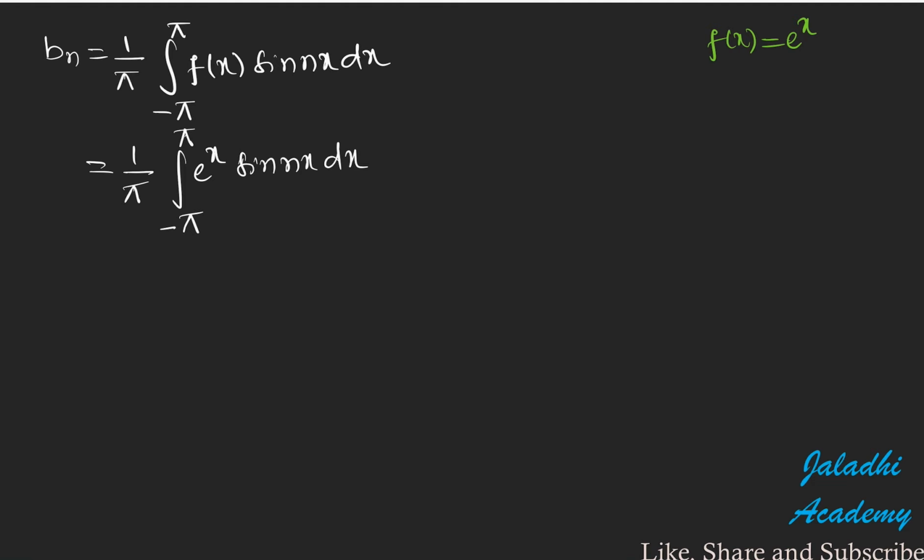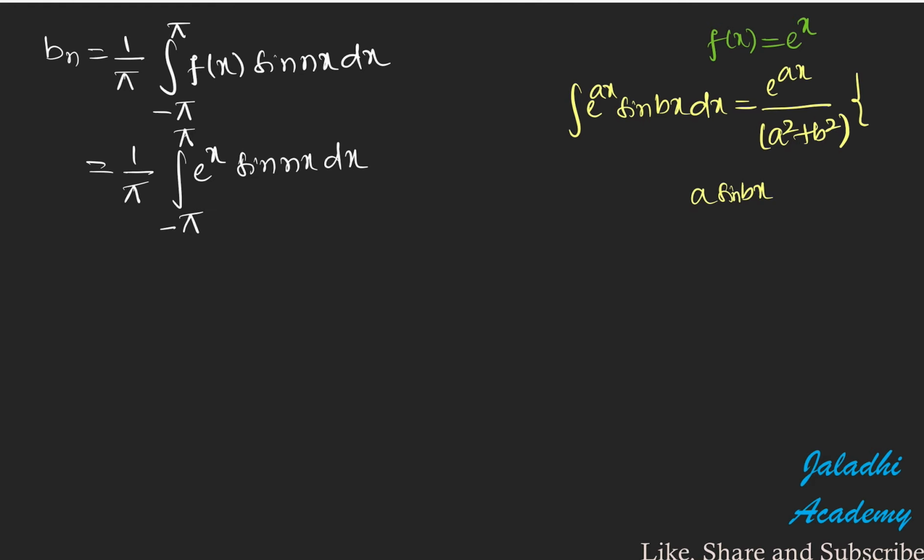That is, the integration of e^(ax) into sin bx into dx is equal to e^(ax) by (a^2 + b^2) into (a sin bx minus b cos bx).